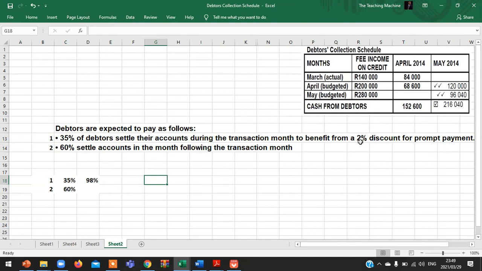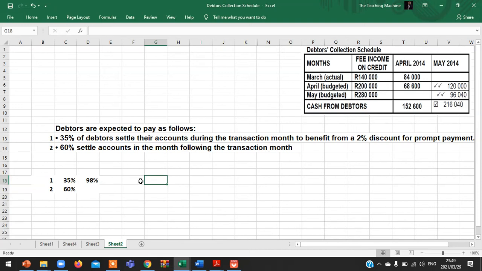It says here, debtors will benefit a 2% discount if they manage to pay within that month. So if you sold goods in March and your debtors paid at the end of March, you're going to give them a 2% discount to encourage early payment.